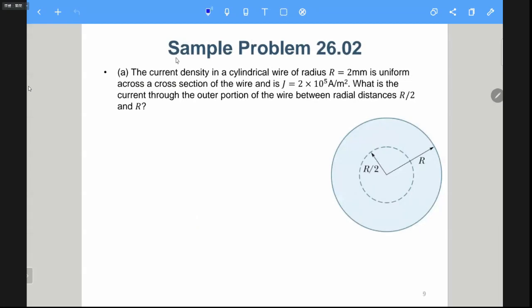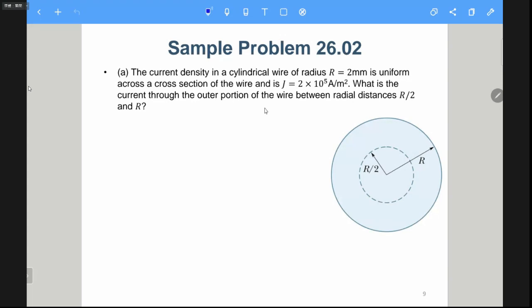Okay, so here, let's see a sample problem. The current density in a cylindrical wire of radius R, capital R, is uniform across a cross-section of the wire, and J is this value. What is the current through the outer portion of the wire between radial distance R over 2 and R? This graph only shows the cross-section of the wire.